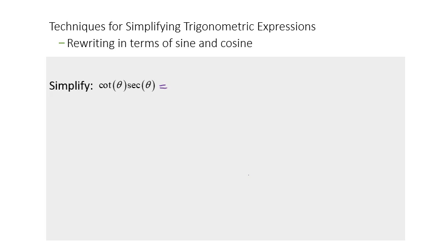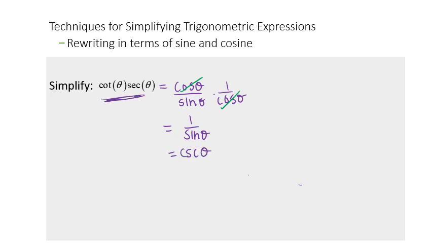So when I look at this, this ends up becoming the cosine of theta over the sine of theta times 1 over the cosine of theta. Well, that's awesome because we've got cosine on bottom, cosine on top. So that leaves me with 1 over the sine of theta, which we know is just cosecant of theta. So who knew? When I multiply those together, we get that. Kind of cool.